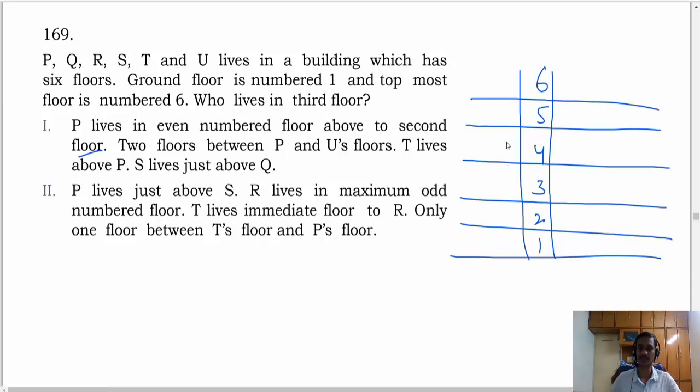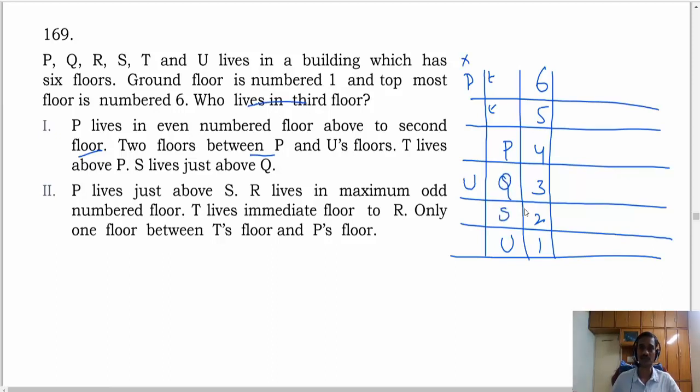P can be here or here. 2 possibilities. 2 floors between U and P. U must be here. In this case 2 floors in between P and U. T lives above P. Here this is not possible. T can be here or T can be here. S lives just below Q. S is just below Q, so S must be here, just below.